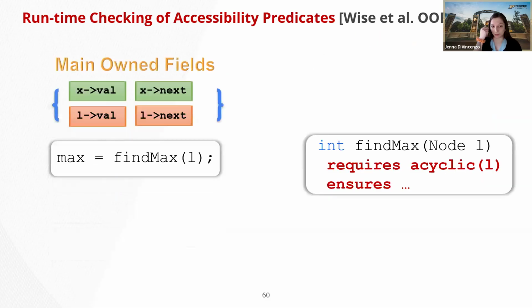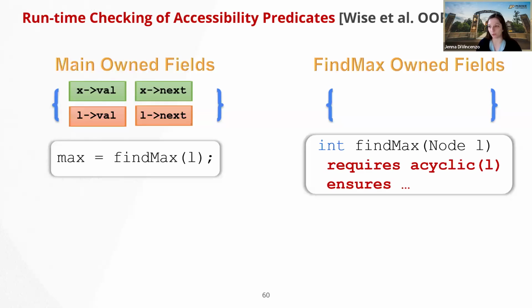But like I said, the other interesting point is function calls. So imagine that we called out to find max for list L. First we want to execute find max with owned fields, but the question at method calls is what permissions do we pass from main to owned fields so that we can execute correctly?